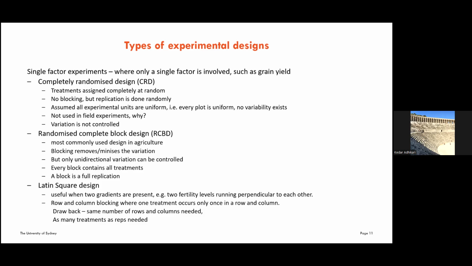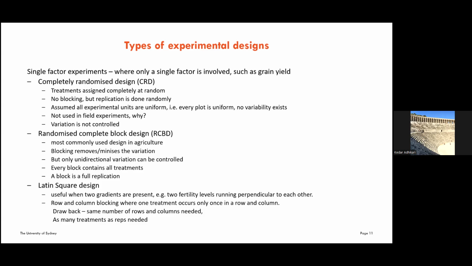And what is the drawback of this kind of experiment? The same number of rows and columns are needed, so you need as many replications as treatments. If you have, for example, 20 treatments, then you need 20 replications, which is kind of impossible to have in the field, right?